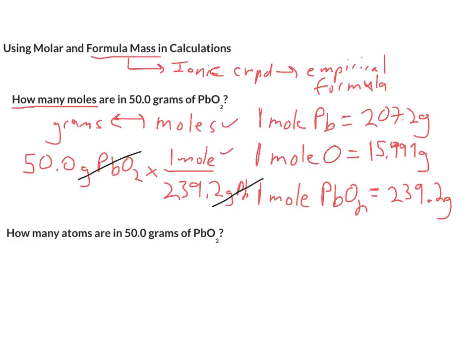If I do my calculation correctly, I get 0.209 moles of lead-4 oxide, PbO2. 3 sig figs.